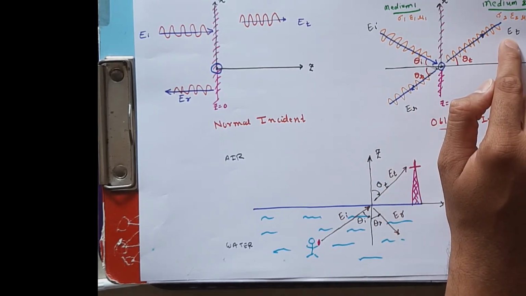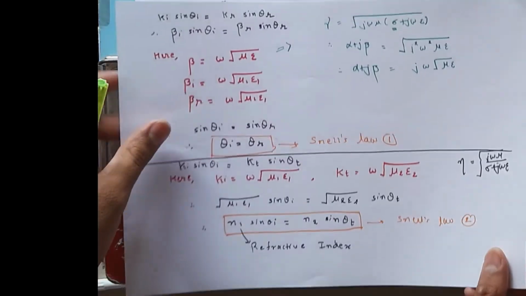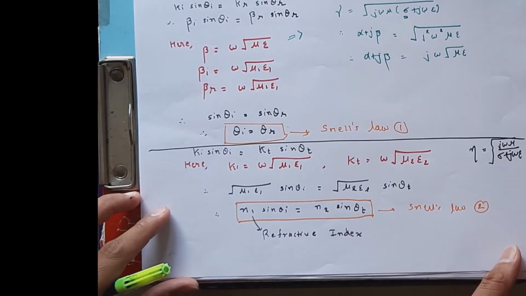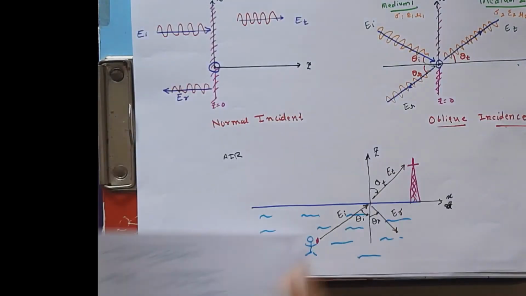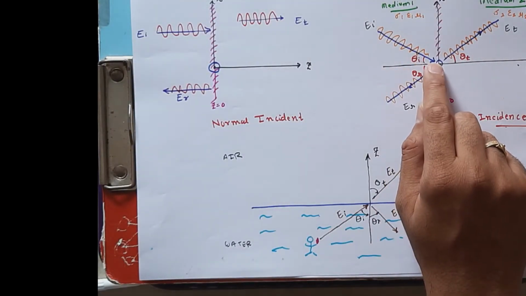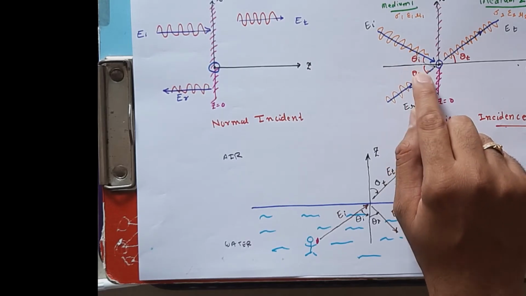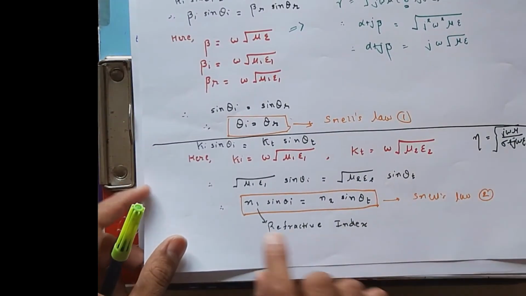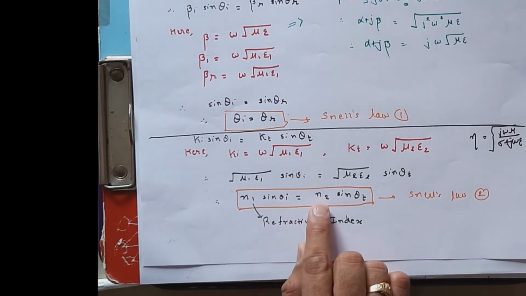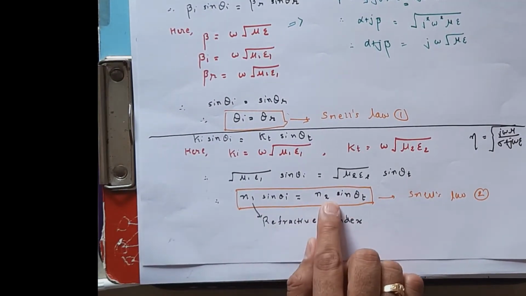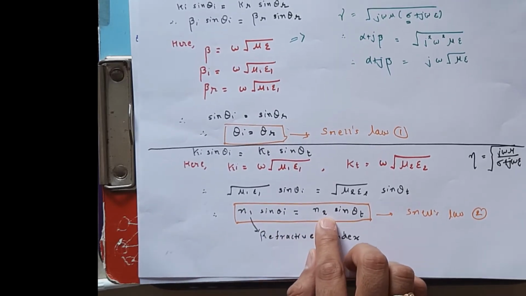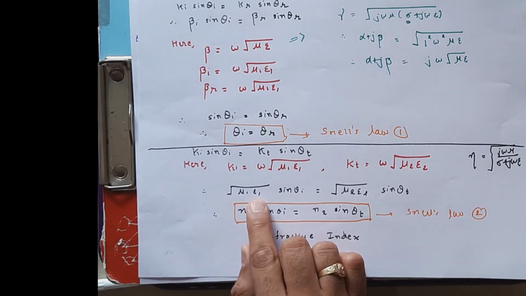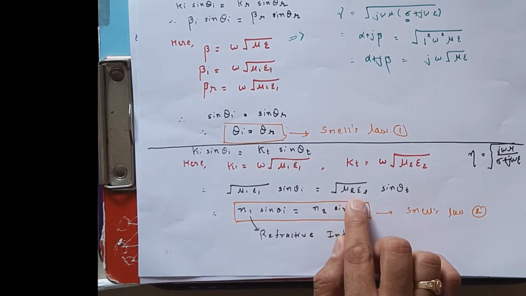Based on that we have to derive Snell's law. In the last lecture we derived two equations for Snell's law. The incident angle is exactly equal to the reflected angle. Whatever incident angle it makes with the z axis, we will get the same reflected angle back. Then next is n1 sin theta I equals n2 sin theta t, where n1 and n2 are the refractive indices of the first medium and second medium respectively, and n1 is the square root of mu1 epsilon 1 and n2 is the square root of mu2 epsilon 2.